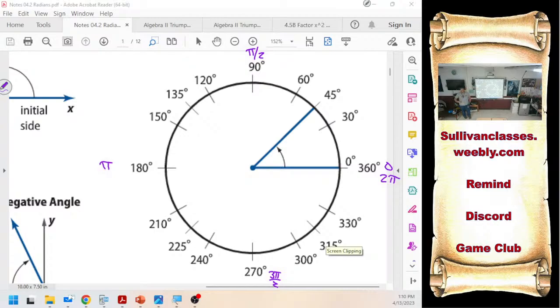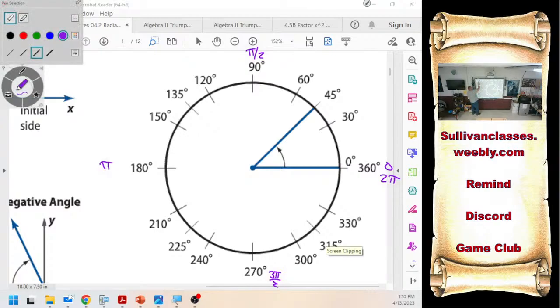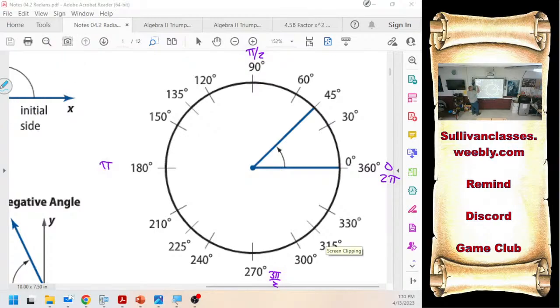If I count by 45-degree increments, you said 45 degrees was how much of the calzone? 1/4 of the way there. So 45 degrees is pi over 4. So just count by quarters. 45 is 1 pi over 4. 2 pi over 4, it's already there and reduced. 3 pi over 4. 4 pi over 4, and it's already there and reduced.